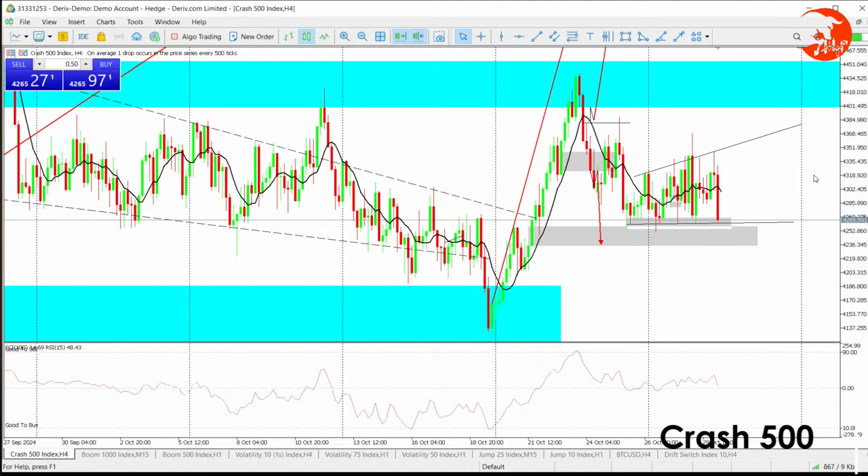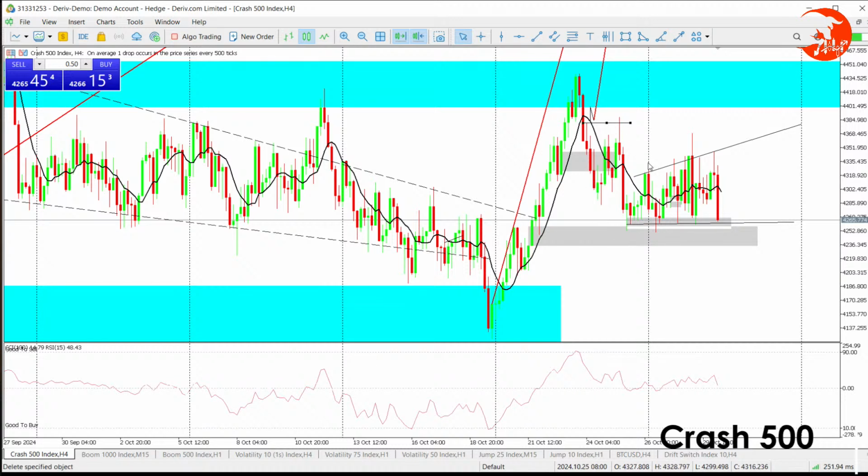So what do we do? It is still consolidating, but remember, this is descending and it is on the support. So if it is descending, in the long run, we know we will sell.